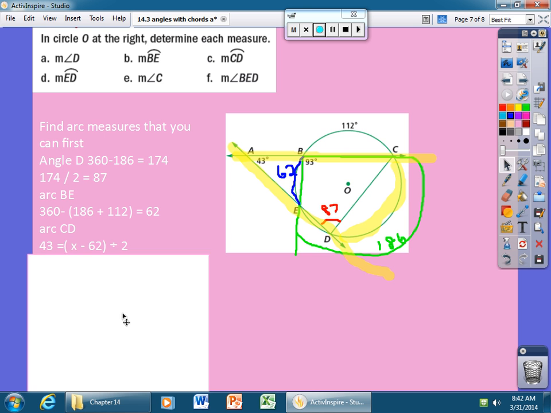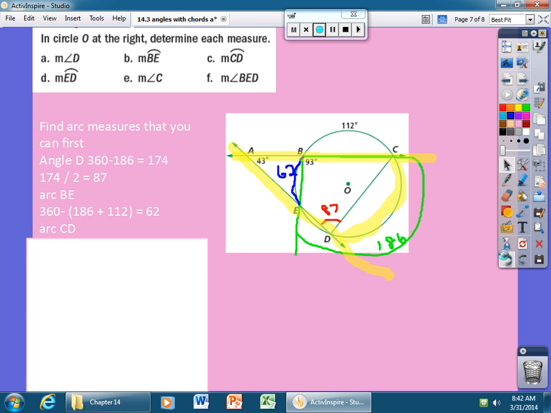So I wrote that down as algebra: 43 equals the arc I'm looking for, subtract 62, and then divide by 2. Then I manipulate the equation to find that x is 148. To get that, I multiplied 43 by 2, and then added 62 to it. So now I know that this arc right here is 148.